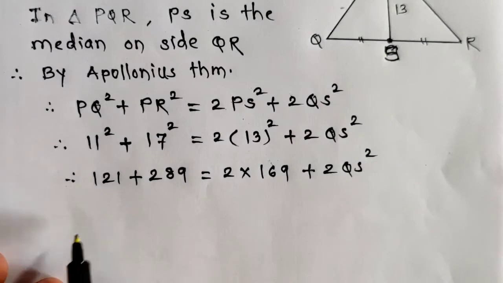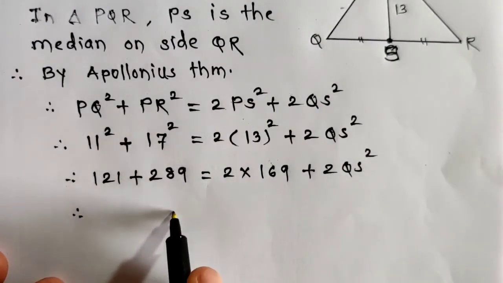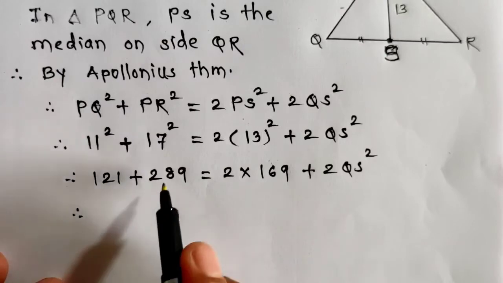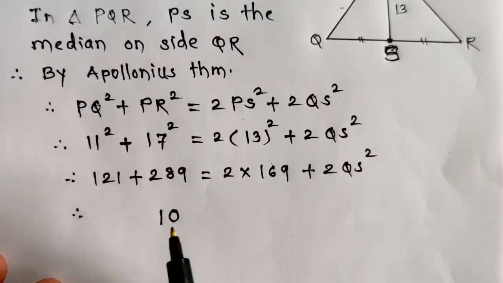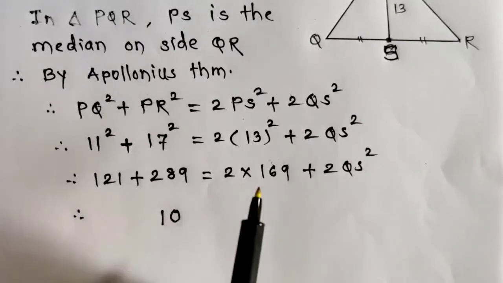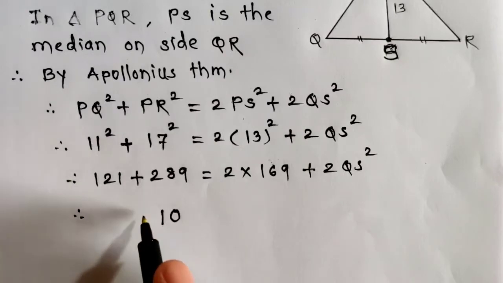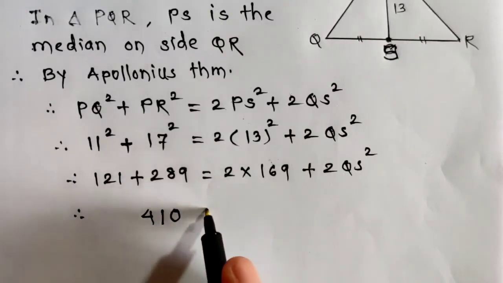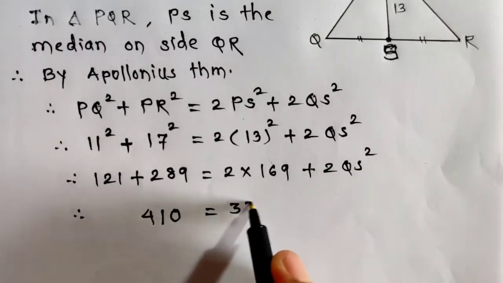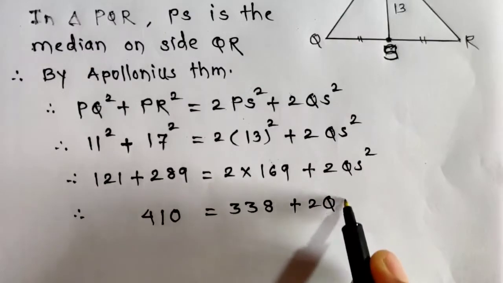Now adding, we get 410. So simplify. Here this product becomes 338 and addition becomes 410 is equal to 338 plus 2QS square.